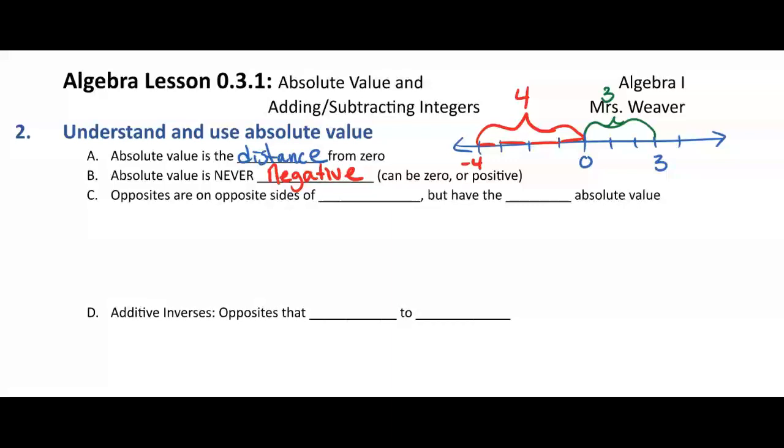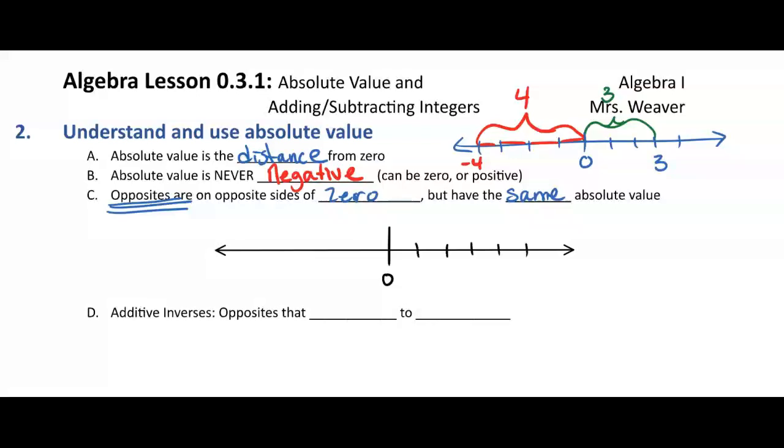All right, opposites. This is a special term, but it's under absolute value. Opposites are on opposite sides of 0, but have the same absolute value. So if I have a number line, 1, 2, 3, 4, 5 on each side.